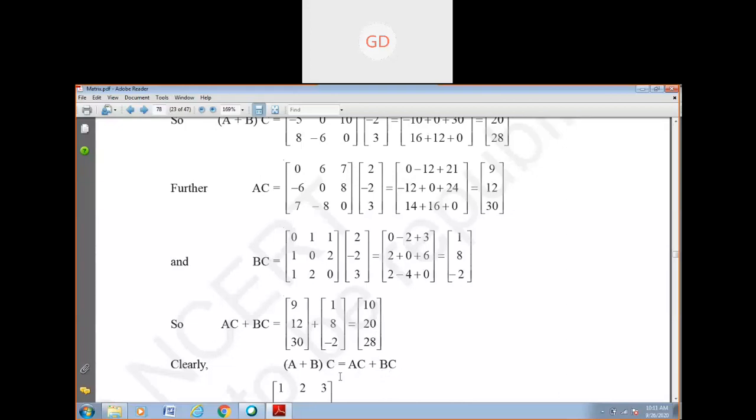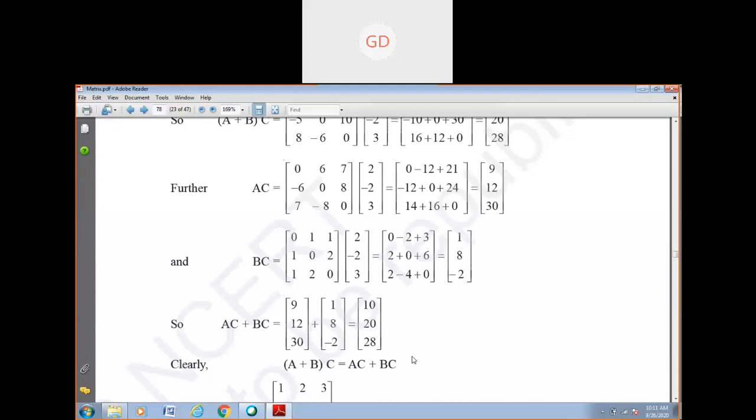In simplification in algebra you have done this in real numbers. Algebraically we always used to write A into C plus B into C, so this relation holds in our algebra. We are very familiar with this expression in the case of the real field. But here in matrices also this property holds.